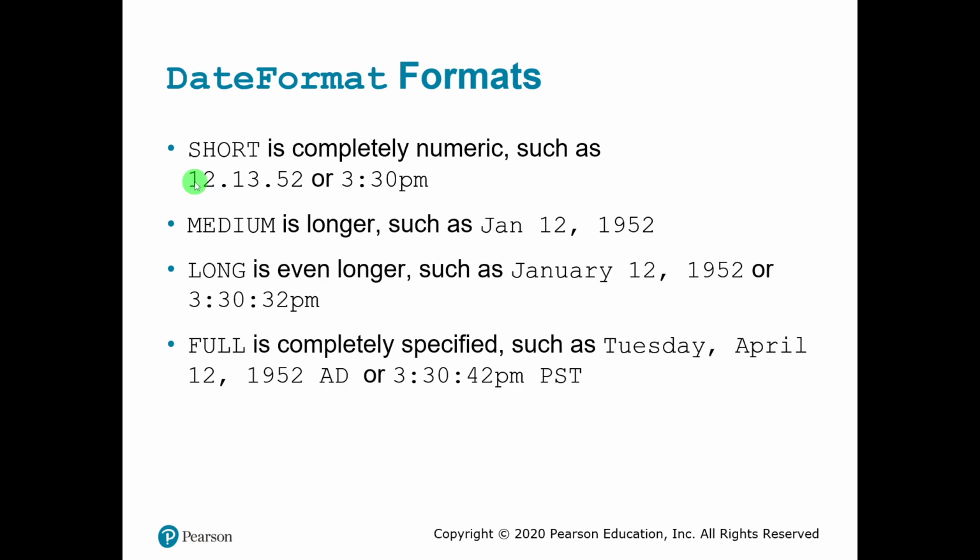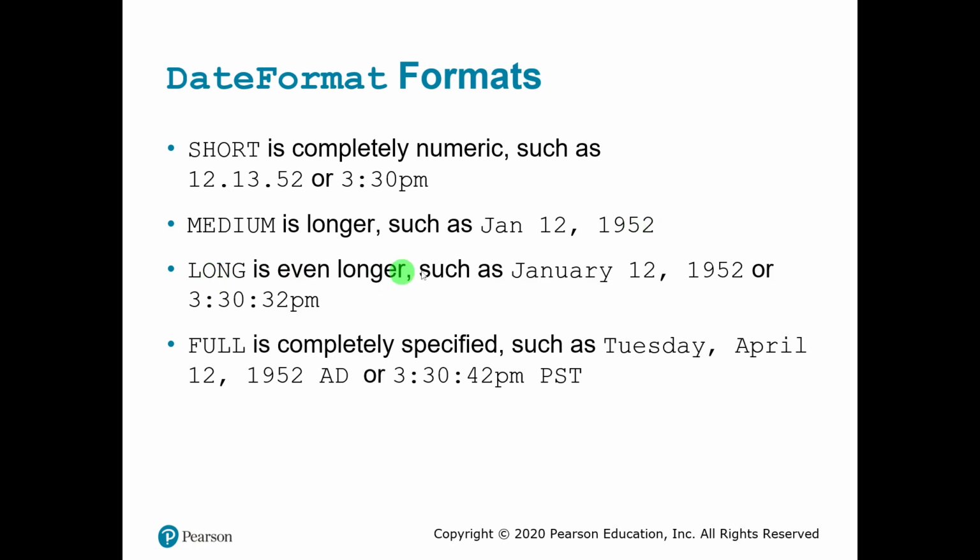So if we said to display the date as format, we get 12/13/52, or we might get 3:30 p.m., the shortest way we can do it. Medium is a little bit longer. We would get the 3 letter abbreviation for the month, followed by the date, comma, and then the full year.